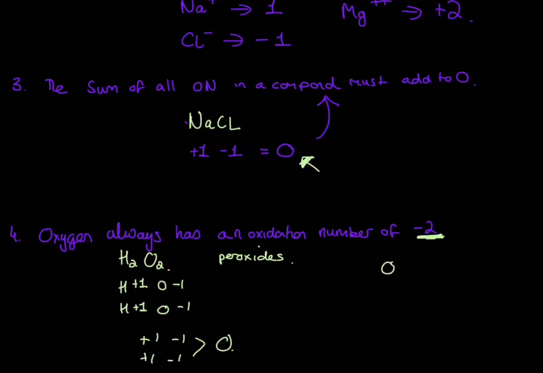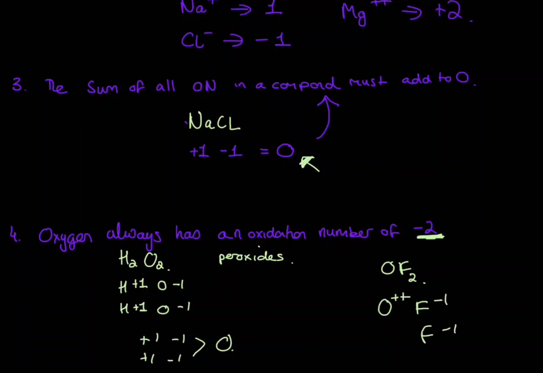Also, with this compound here, fluorine is more electronegative than oxygen. So fluorine is going to take the electron away from oxygen instead, leaving oxygen in a positive charge. Now oxygen can give 2, and fluorine just wants 1 anyway.